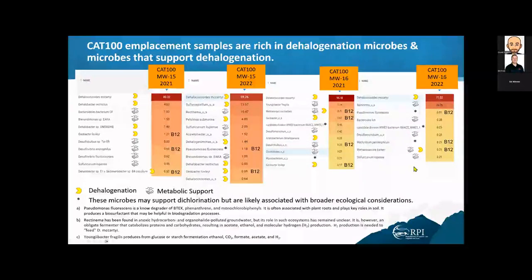You still have other degraders that are there in small percentages. You have a number of bacteria that can make the B12 that's required. And in 22, you see we've dropped to 71%, still a very, very, very high number. And you have plenty of support. This should impress you.